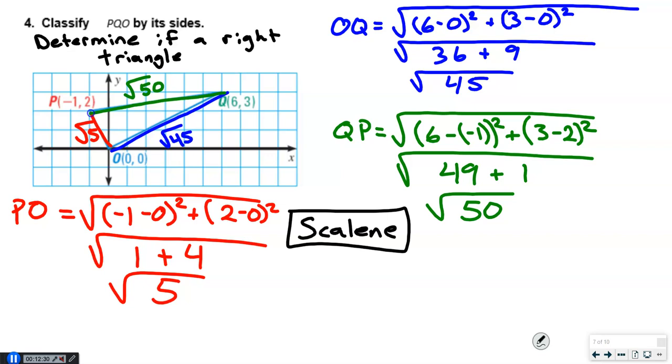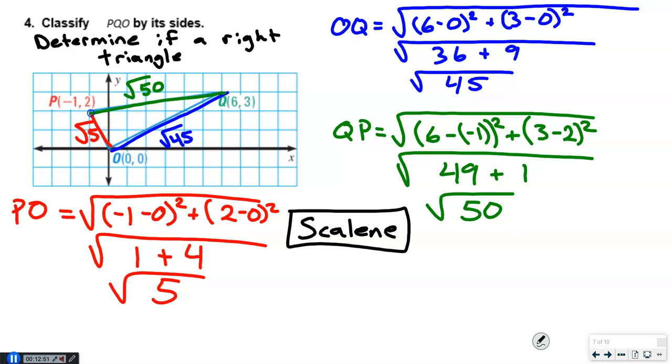So we need to look at square root of 5, that side length. Look at the 2 points. We've got -1, 2, and 0, 0. We need to find the slope between the two, and find the slope along the other two lines, and see if any of them are opposite reciprocals of one another.